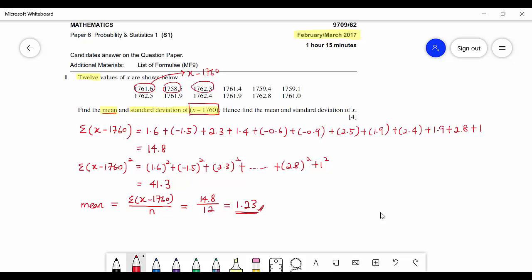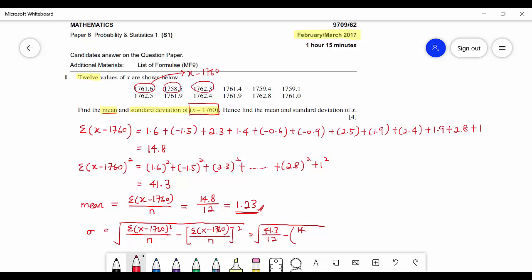Right? Okay, then for standard deviation, the formula that we are going to use is the summation of x minus 1760 squared divided by n, minus the summation of x minus 1760 divided by n, and you square this. All right. Okay, so if you substitute the values, you'll get 41.3 divided by 12, then minus 14.8 divided by 12 squared, and square root.